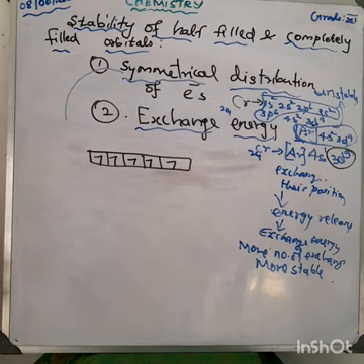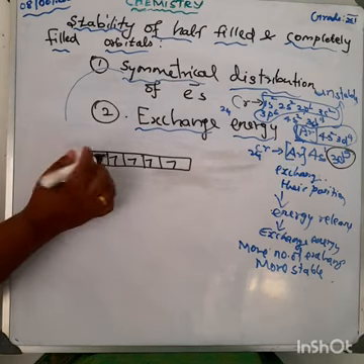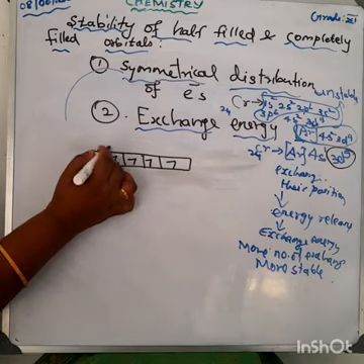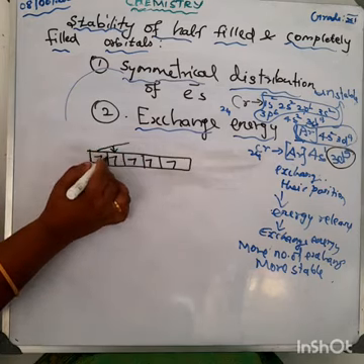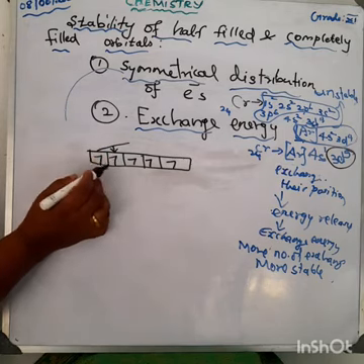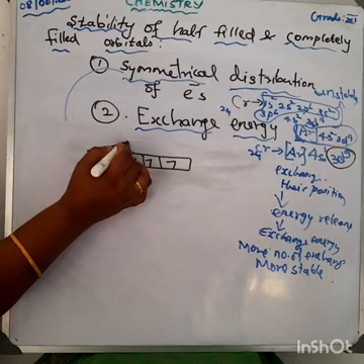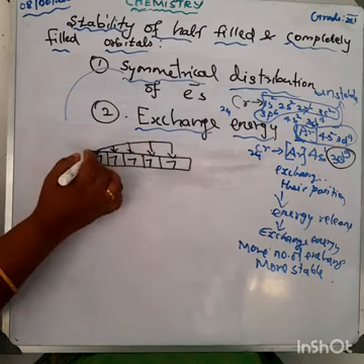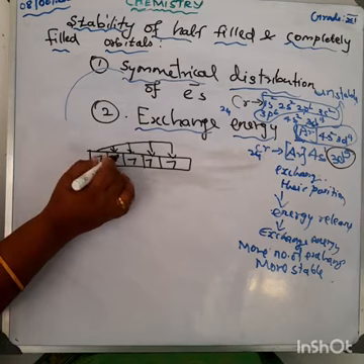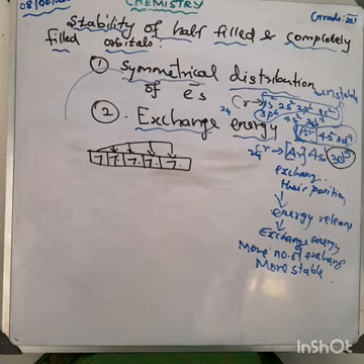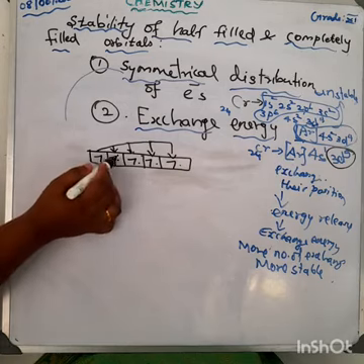Consider this electron. This electron can exchange its position to here, or here, or here, or here. It can exchange its position with this orbital, or this orbital, or this orbital, or this orbital. Suppose it exchanges its position with here, this electron will go here.